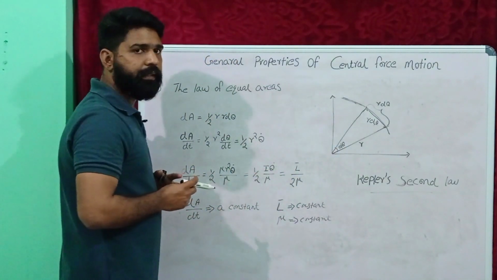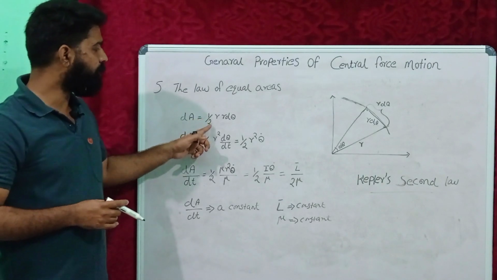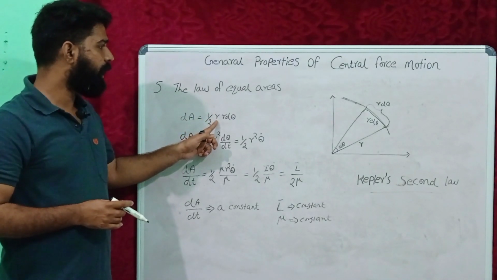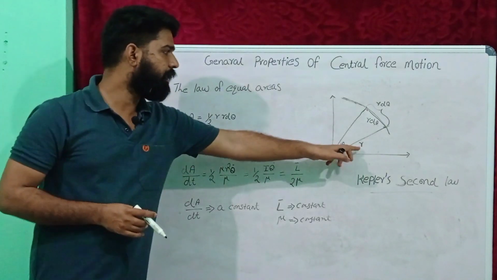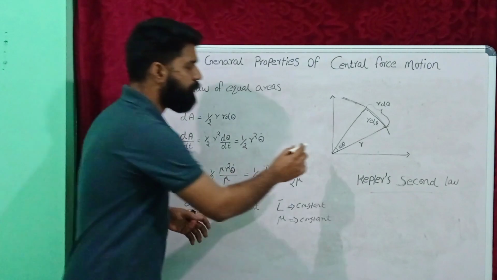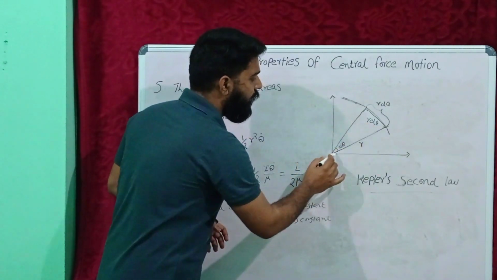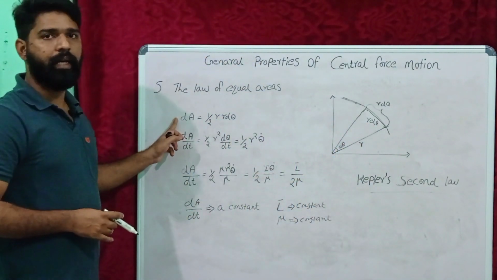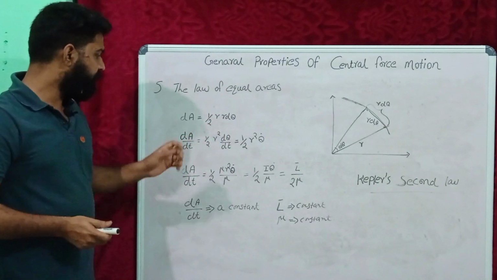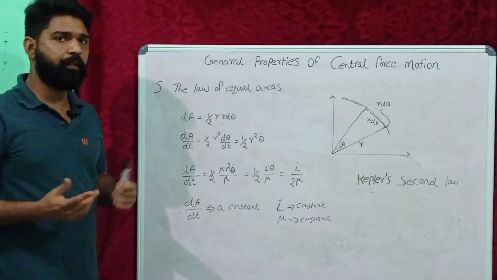So half b h equals 1 by 2 of b, that is r, h, that is r d theta. So the small area is dA equal to 1 by 2 r squared d theta, and we differentiate this dA with respect to time.